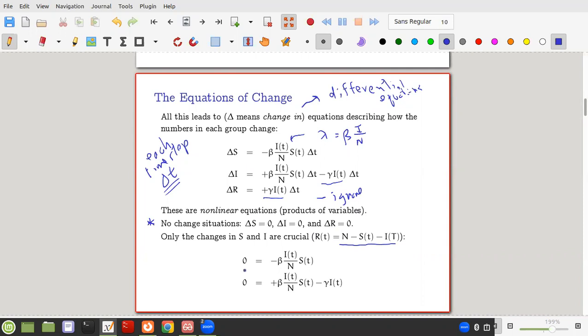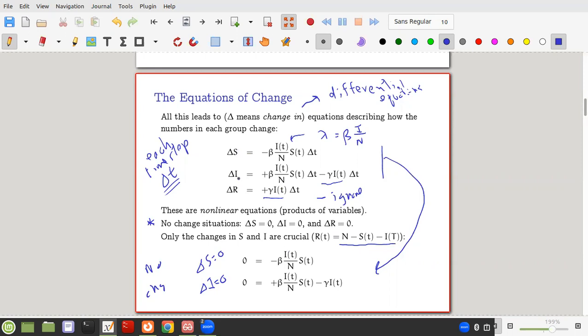So we can just take these top two equations and look at them down here. They're just copied down here, except for two things. I've set delta S equal to 0 and delta I equal to 0, because this is the case for no change. So as a result, that also means that delta R is equal to 0.